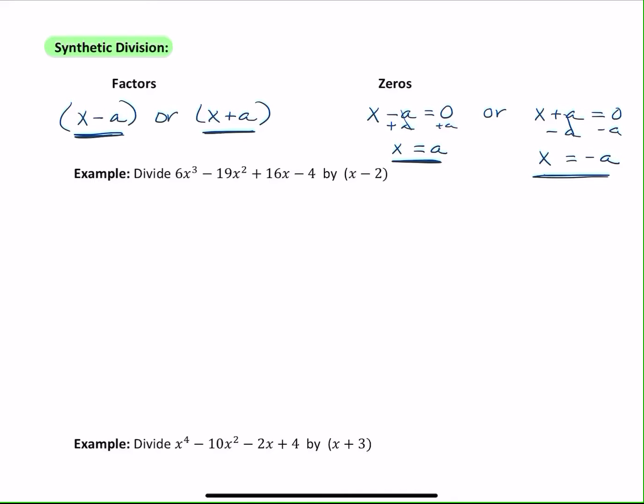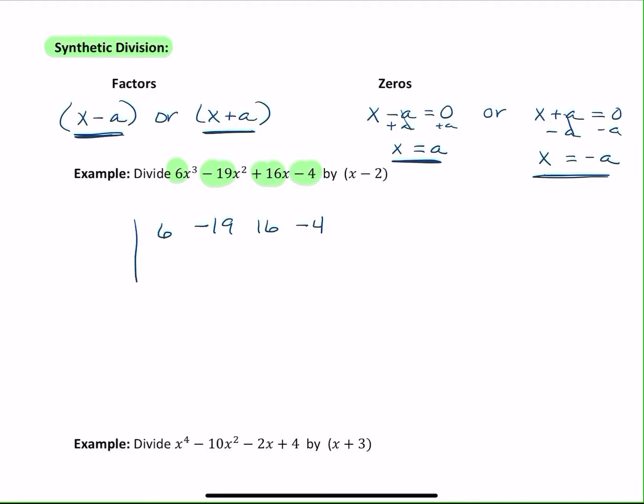So let's look at this first example. Again, you need to make sure you're in descending order and that there's no missing terms. If there is, you're going to put a 0 place order. But what we do here is we take the coefficients of each term, and we're good because we've got x cubed, x squared, x, and then the constant. We're going to pull down those coefficients and leave a little space between them so you know that they're separated.